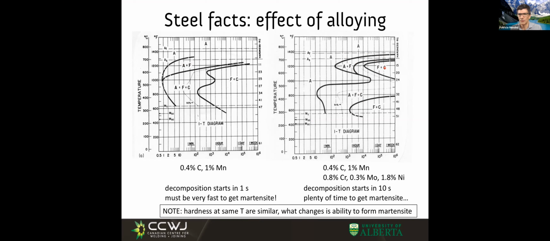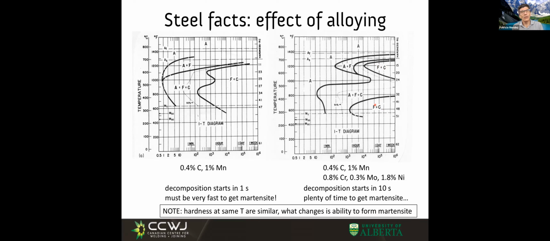What would it be, the microstructure that belongs at this transformation part here? Yes, it's perlite. How about down here? What is the microstructure we would expect? Bainite, exactly, right?